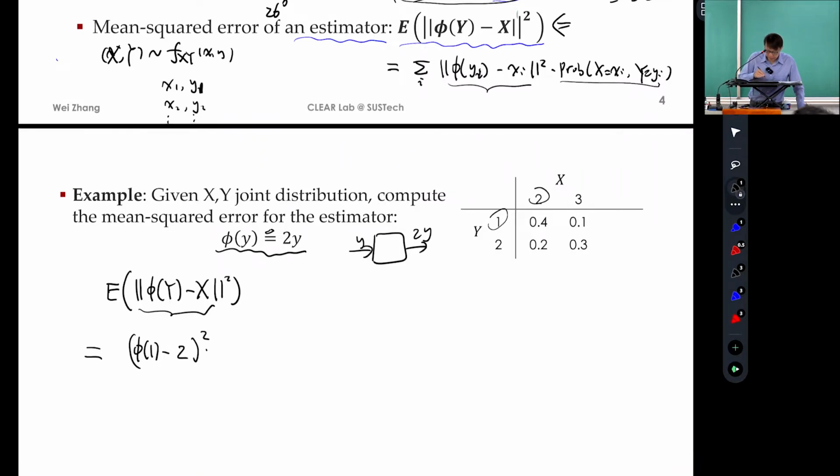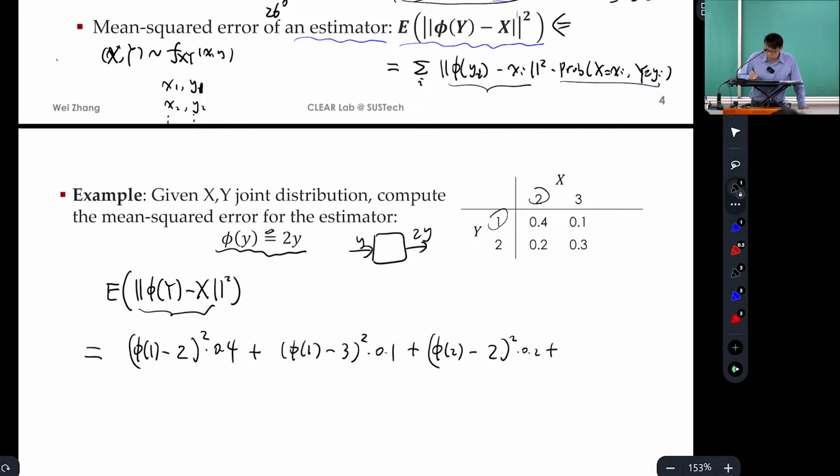What's the probability? 0.4. And the other one is phi of 1 minus 3 squared times 0.1, plus phi of 2 minus 2 squared times 0.2, plus phi of 2 minus 3 squared times 0.3.